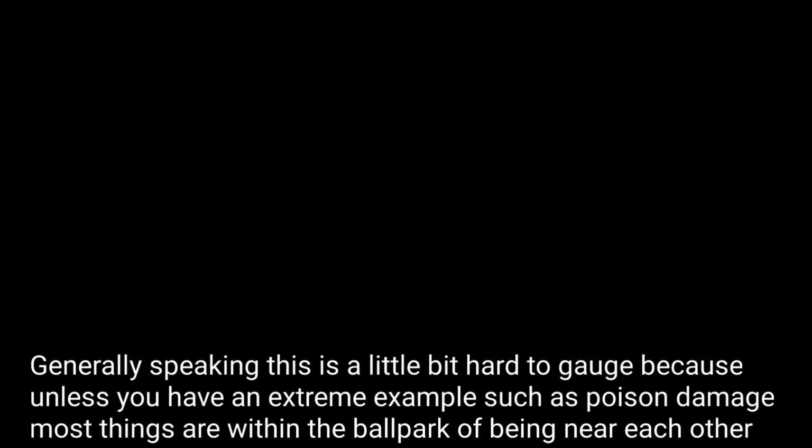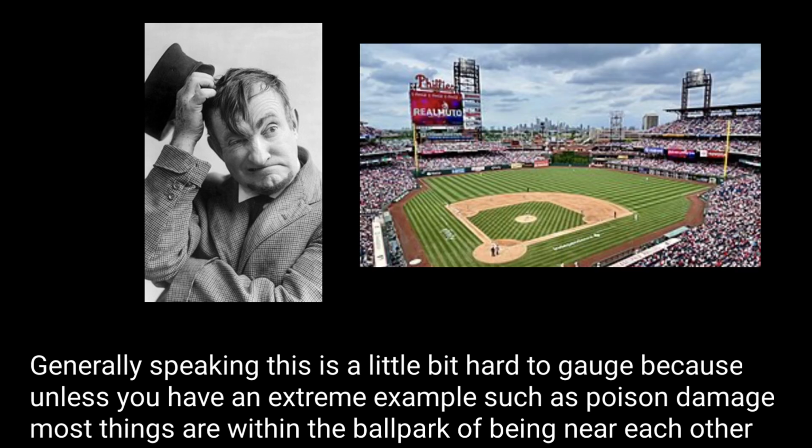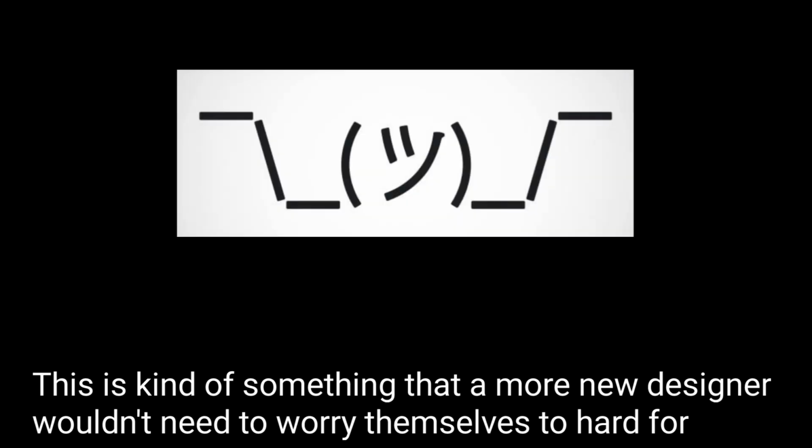Generally speaking, this is a little bit hard to gauge, because unless you have an extreme example such as poison damage, most things are within the ballpark of being near each other. This is something that a newer designer wouldn't need to worry themselves too hard about.